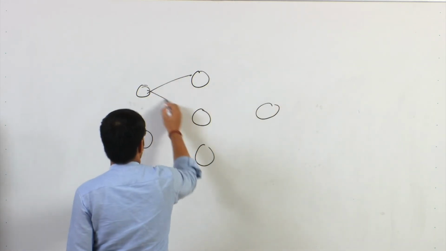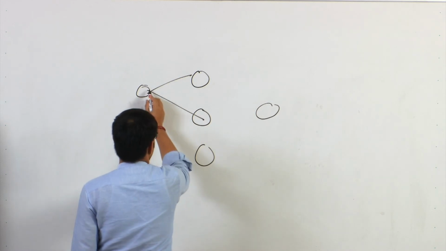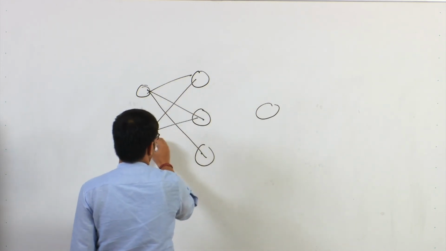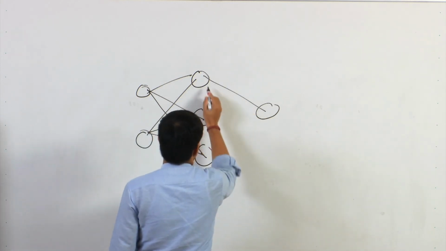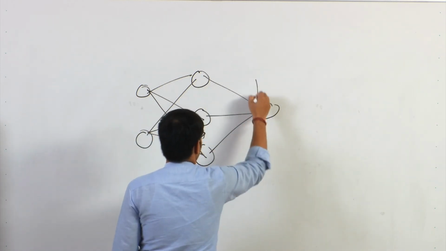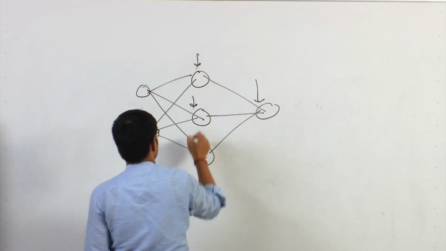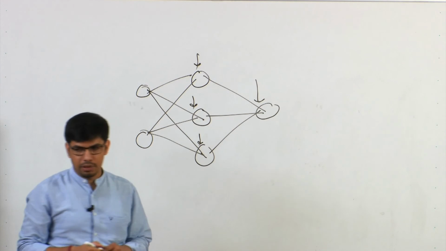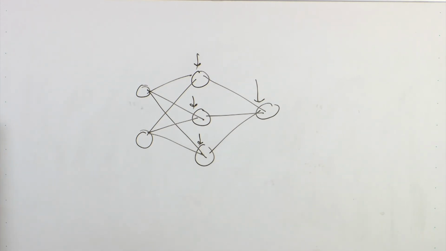So these are the connections, and then further, the bias values. So we can see these connections and bias values. This is the architecture that we are going to use.